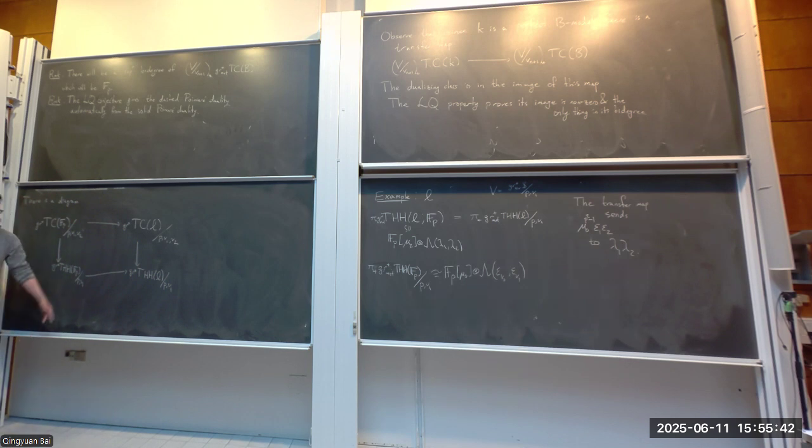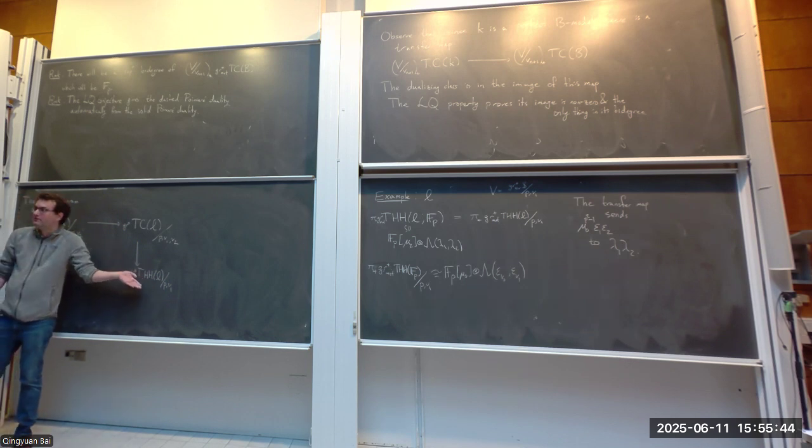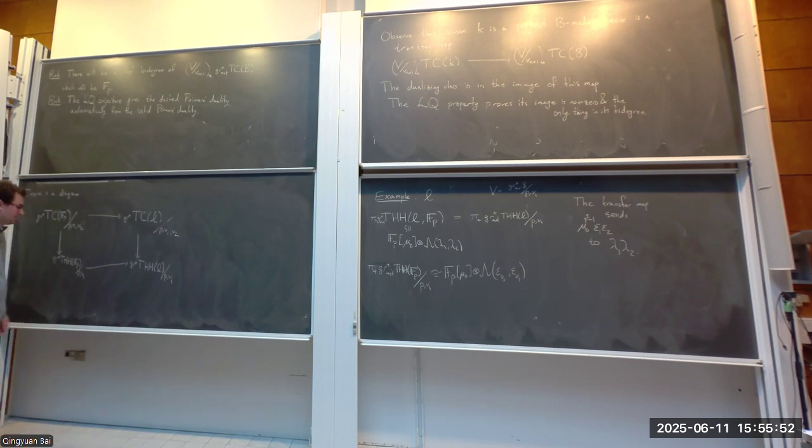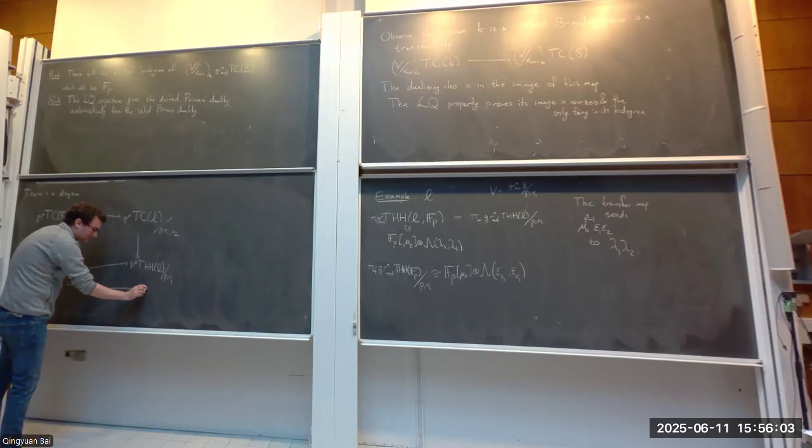What am I saying here? V2 is 0 in this object because this object is an L algebra. In TC, V2 is not 0. And then here we are supposed to know that this class maps to lambda 1 and lambda 2.